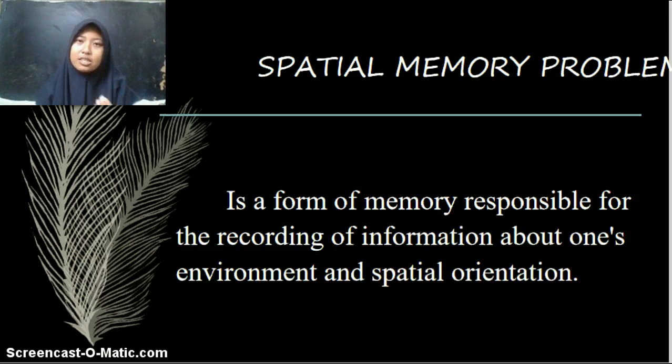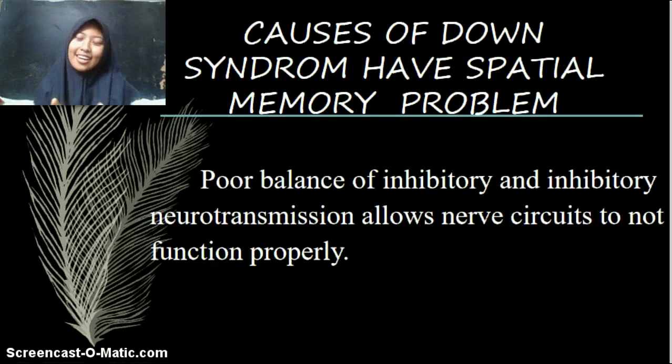Research indicates that there are specific areas of the brain associated with spatial memory, and the main point of the article is why Down syndrome has spatial memory problems. These are the causes.